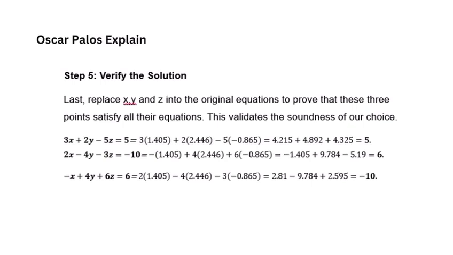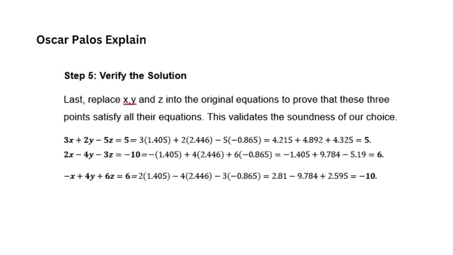In the second equation, 2x minus 4y minus 2z equals minus 10, substituting the results, we get minus 1.405 plus 9.784 minus 5.19, that equals 6. That is confirmed. That is correct.